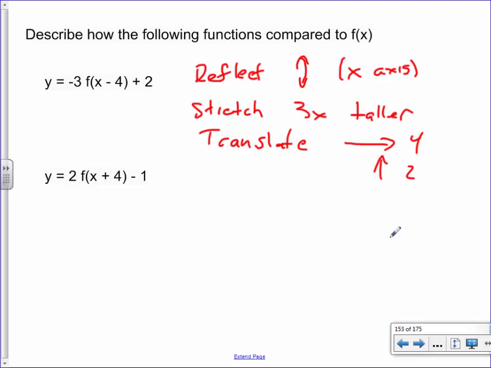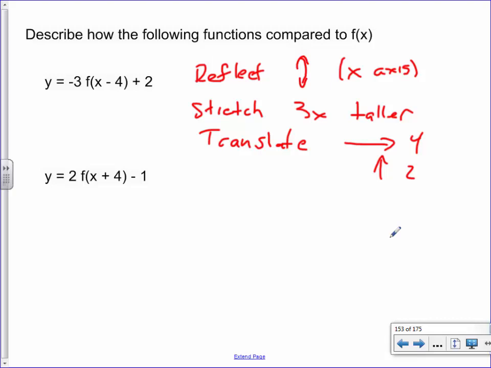So the 2 in front. That'll work, yeah. So maybe a stretch of 2 times taller. Good. Perfect. You got it.